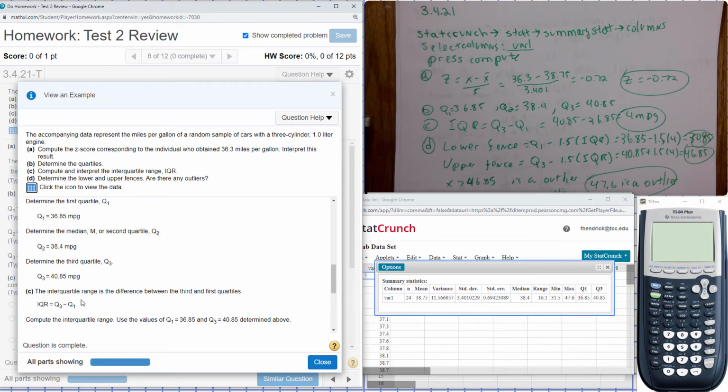And they ask about the interquartile range. Now, the interquartile range gives us that middle 50%, where the middle 50% of the data will be located. And that's found by the difference between Q3 and Q1.